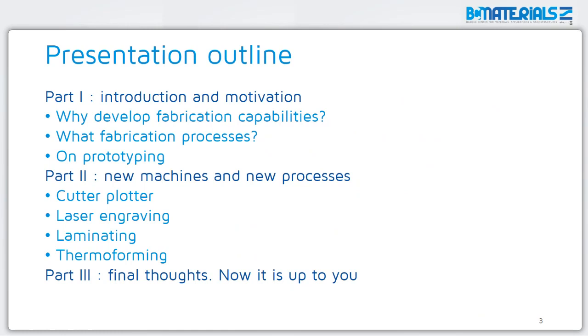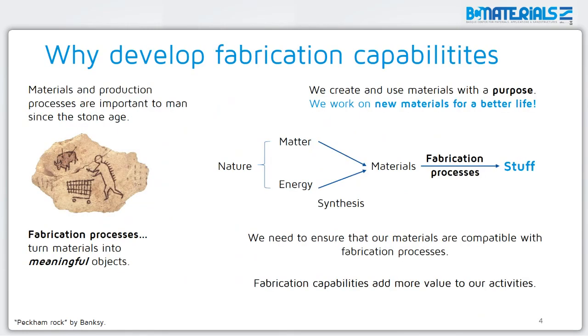So basically, I can see 3 important reasons to develop fabrication capabilities in our institute. One is that materials and fabrication processes always have gone hand in hand. It's important to make materials with a purpose.